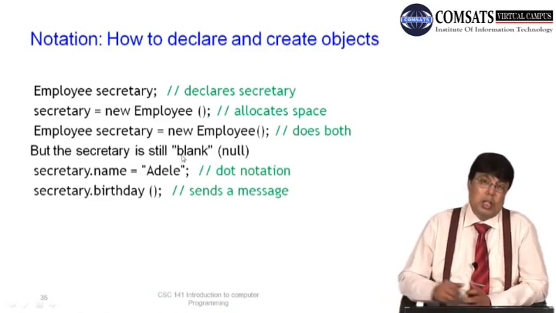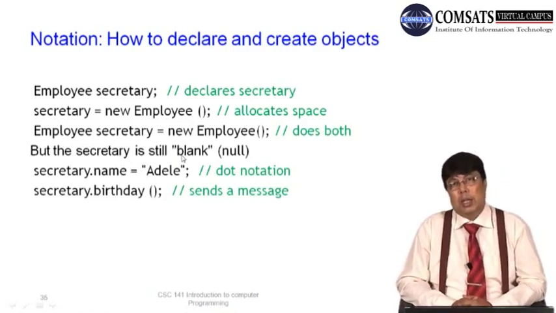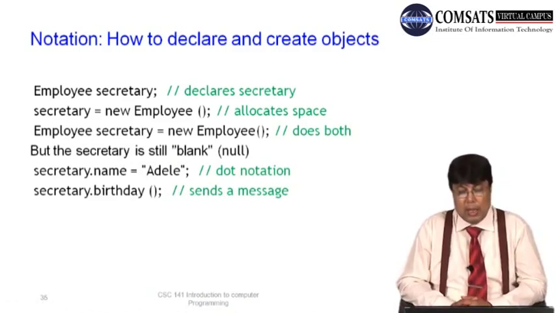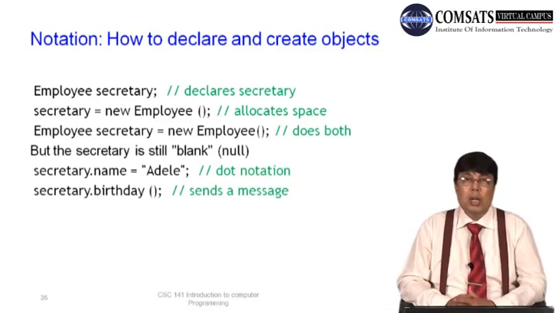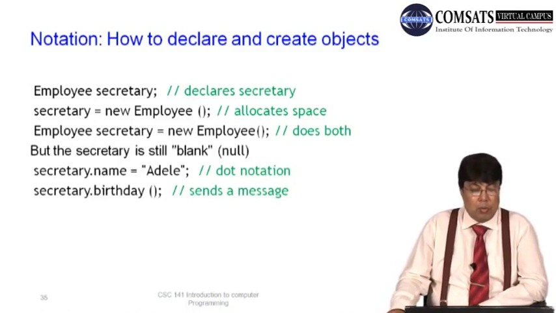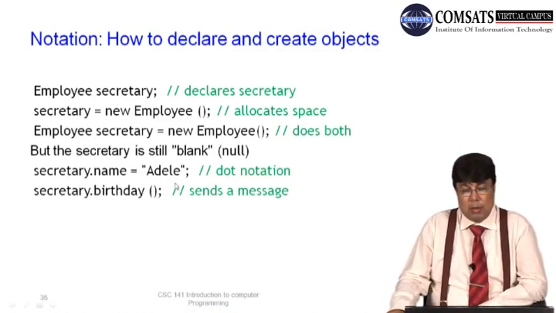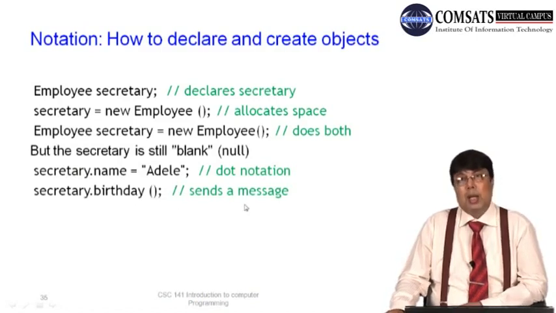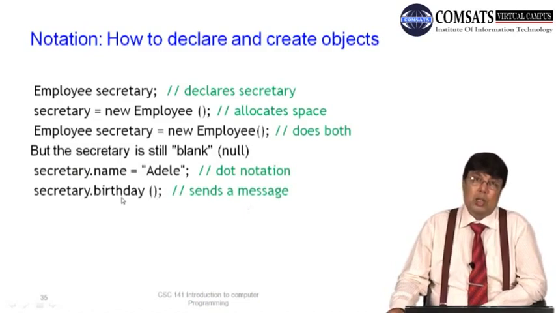Now we need to put the data: we need to put the name of the secretary, the method attached to it, and we need to call the birthday of that particular secretary also. That can only be done when you use secretary.name is equal to Adil, or secretary.birthday sends a message, meaning you call this function to set up the birthday of that particular employee.